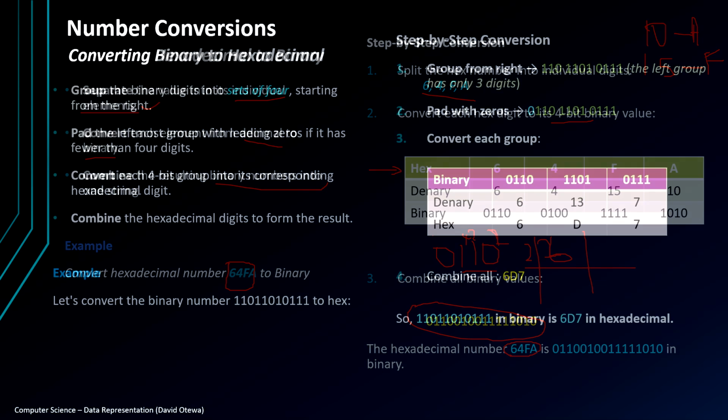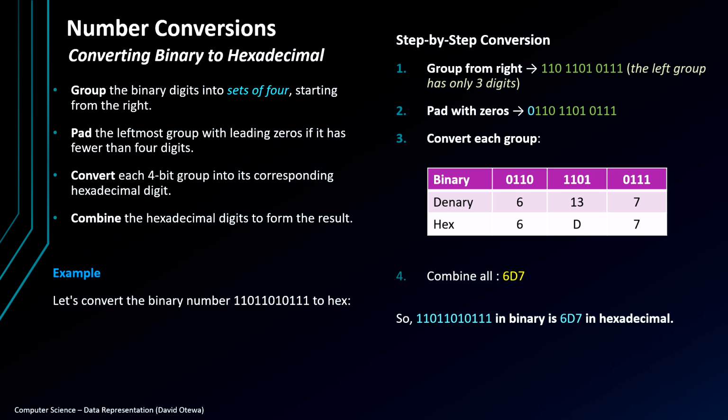Now, the next one, we are supposed to convert from binary to hexadecimal. With this one, we start by grouping the binary digits into sets of 4, starting from the right.